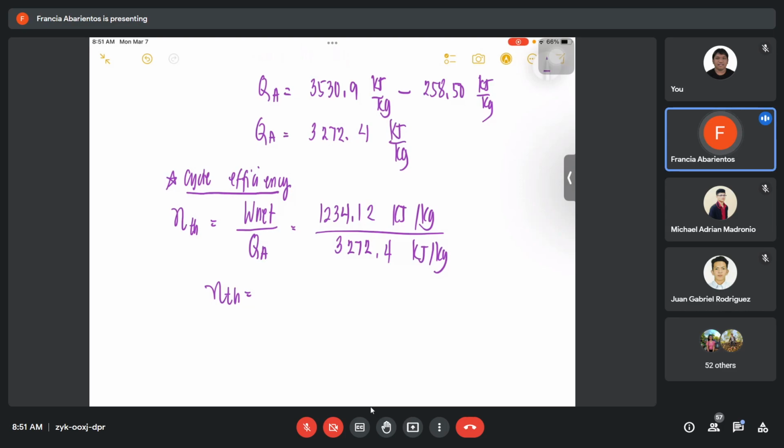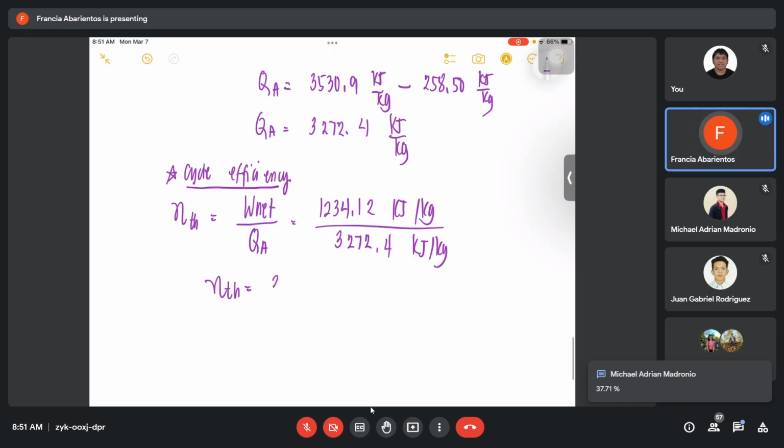We have now 37. Ayan. 37.70. Ano sa inyo? Ayan. 37.71%. So this is now your final answer in solving an ideal Rankine cycle. Okay?